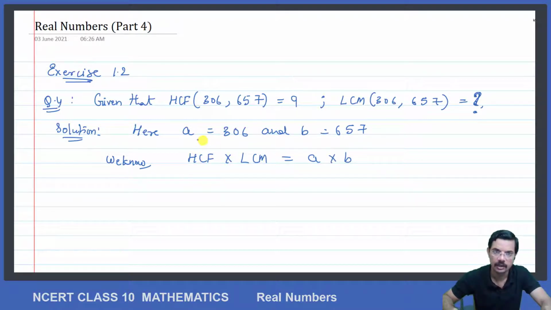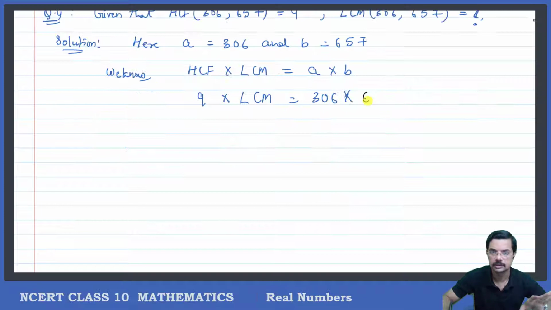HCF is equal to 9, given to you. LCM I don't know. A is 306, so I will write 306 and then 657.